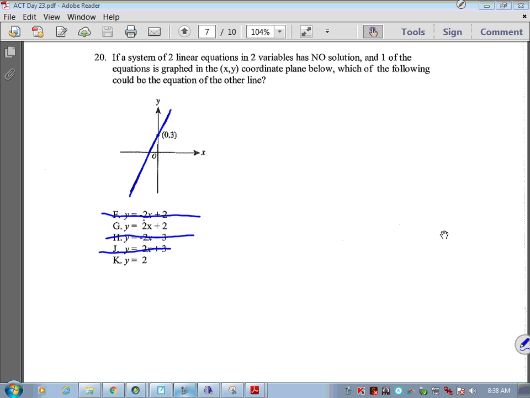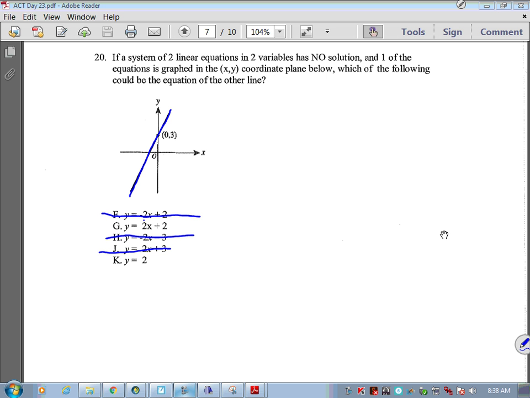So far I've eliminated two options, and I know it can't be the same line, which means it can't be J, because if it was, it would have the same y-intercept, so at the very least it would cross, or it might possibly be the same line.